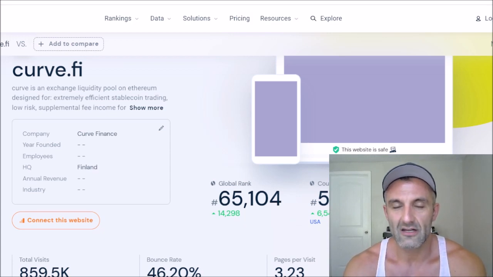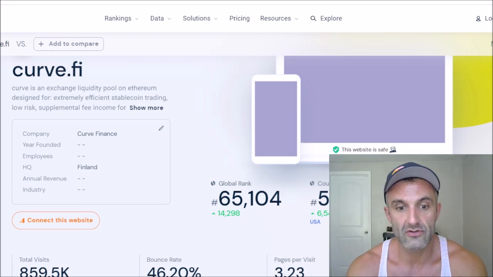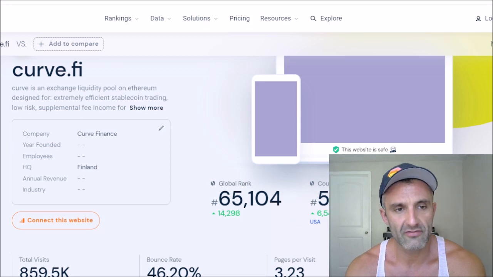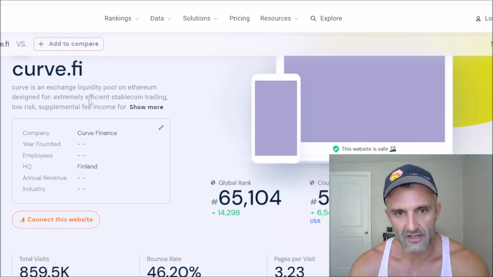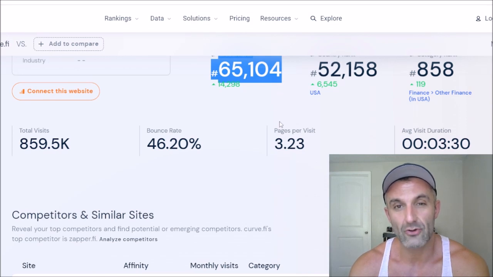They're a data analytics company where they rank companies or websites relative to each other based upon traffic and page views and bounce rate, etc. And when you look at curve.fi, you get to see right here that globally they're ranked 65,000th, right?